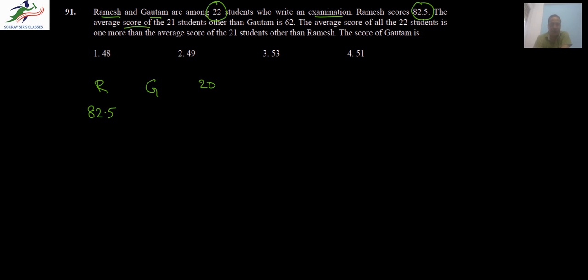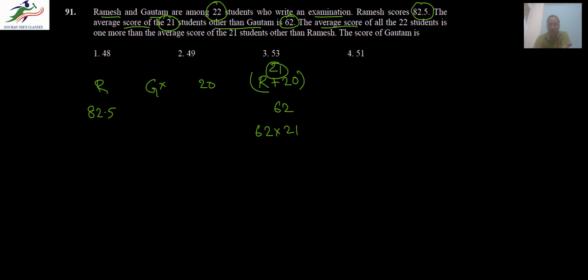The average score of 21 students other than Gautam is 62. So 21 students apart from Gautam would mean Ramesh plus 20 students. So we have 21 students here whose average score is 62. Therefore, the total score is 62 into 21.